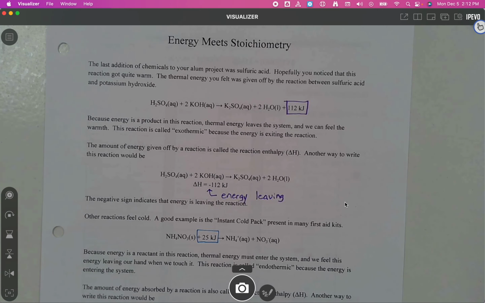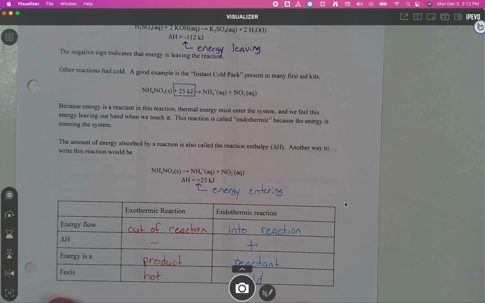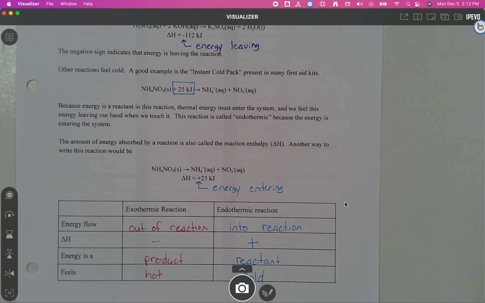When you think about energy, it works like banking and like your checking account. When stuff leaves, you use a negative sign, and when stuff enters or comes in, you use a positive sign. So the negative says energy is leaving. The opposite of this is a reaction where energy goes into the reaction.